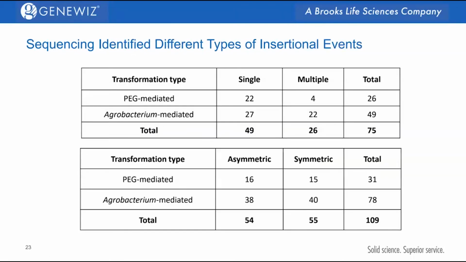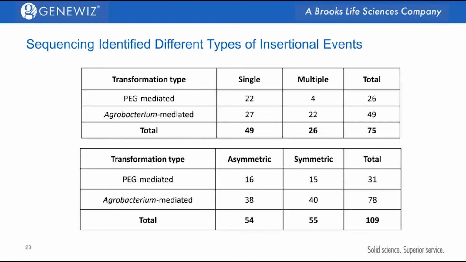Now, other than identifying what type of insertion happened, we were also able to differentiate between PEG-mediated transformation and Agrobacterium-mediated transformation when they were sequenced simultaneously. We can see in PEG-mediated transformation, we had more single insertional events than multiple insertional events. However, in our Agrobacterium-mediated transformation, we had equal proportions of single and multiple insertional events happening at the same time.